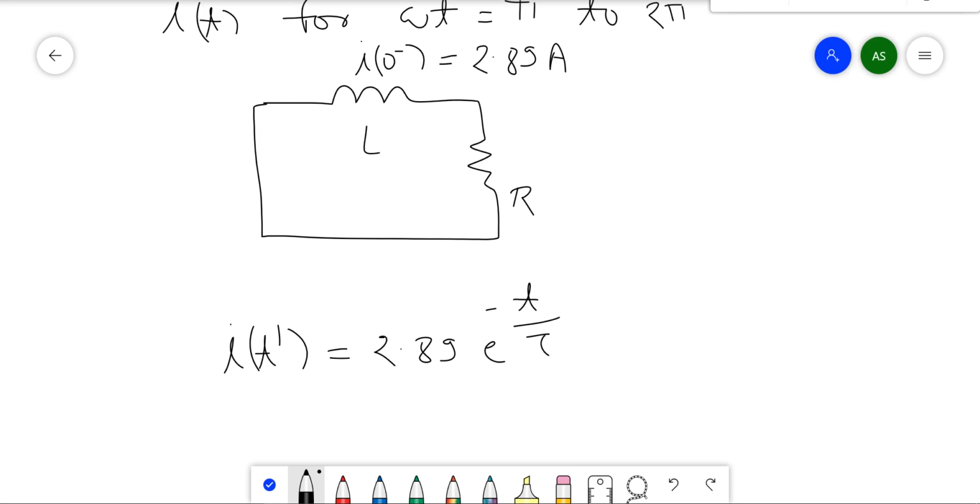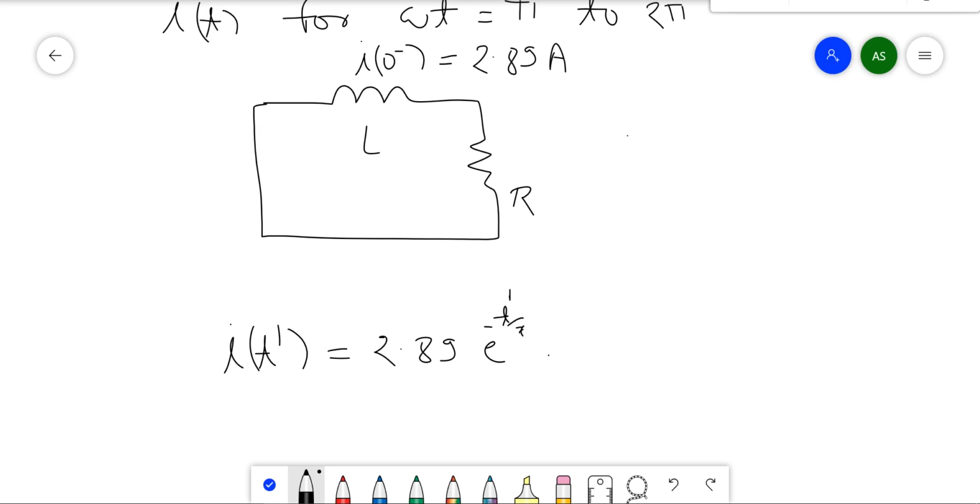Okay, so this is the value of I of t dash. Now why am I writing t dash? It is because we don't want to complicate our calculation, that's why we are assuming some t dash.